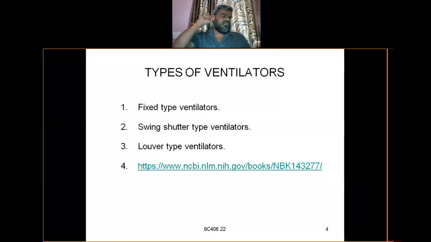Yesterday we also saw an opening in the roof as a type of window, like lanterns. Even mechanical type means the ventilation is done artificially, right? It is done by mechanical methods.